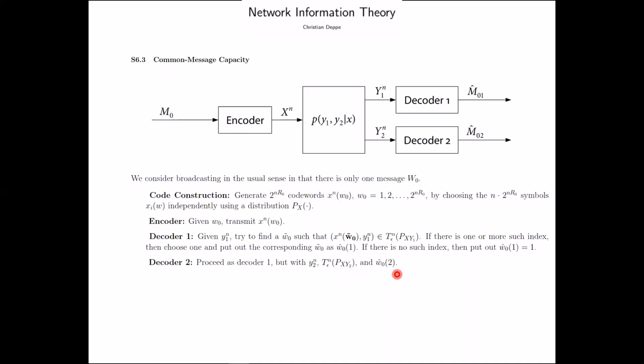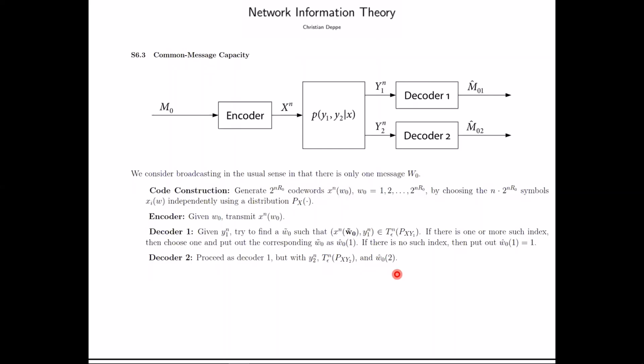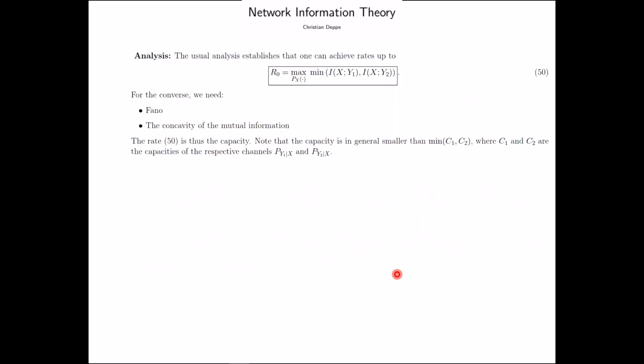As a result, we get that the rate we can achieve is the maximum over all distributions p_X of the minimum of the mutual information between X and Y1 and the mutual information between X and Y2. Somehow that's something one can expect.